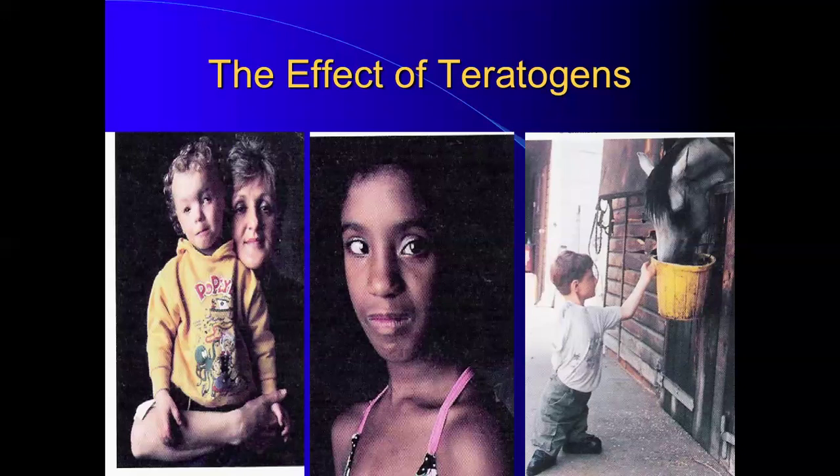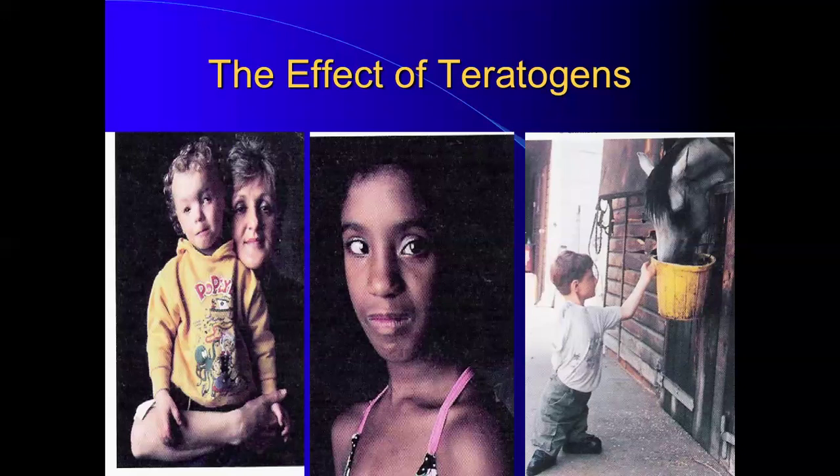In some cases, you can have what's called a cleft palate, which is missing part of the lip. And that's something as simple as alcohol. And I show you, with a child and with an adult, the facial deformities that you can see.